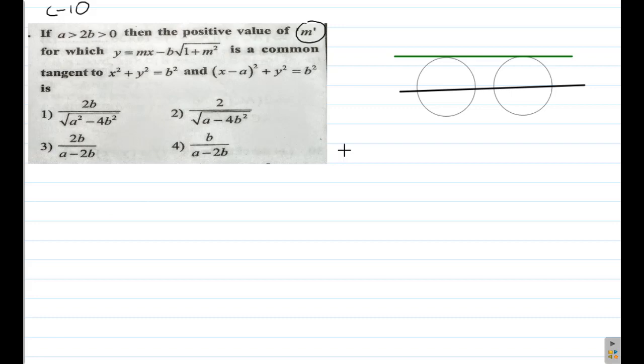According to the problem, the center of the first circle is (0, 0), and the center of the second circle is (a, 0). Both are equal circles with radius b.